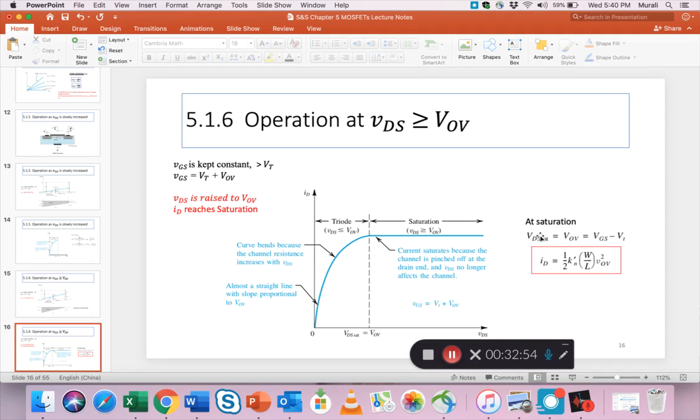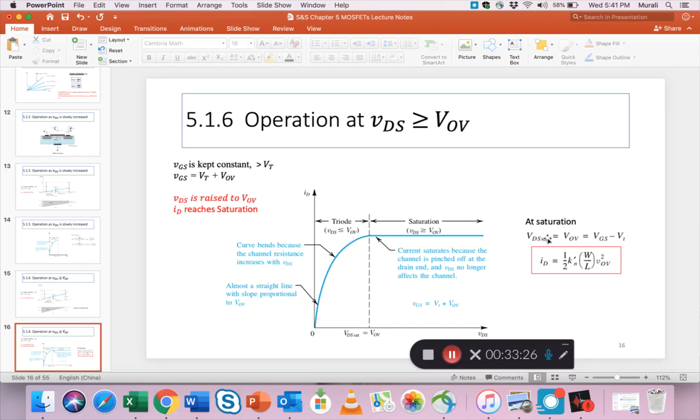At saturation, we are interested in what is the current, and so the drain current is shown to be ID times half this, and it's still a square relationship, but we substitute VOV because that's where the effective voltage stops. Even though we are applying more and more drain voltage, the current actually only requires us to know the overvoltage, the VOV, and that's where it stops.